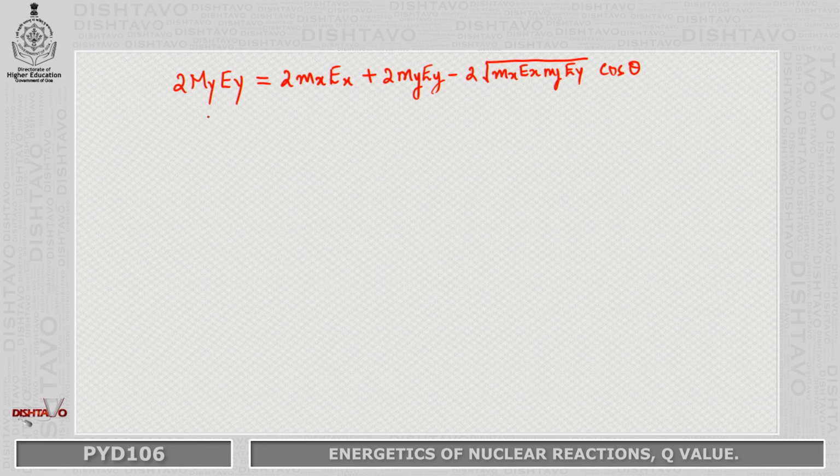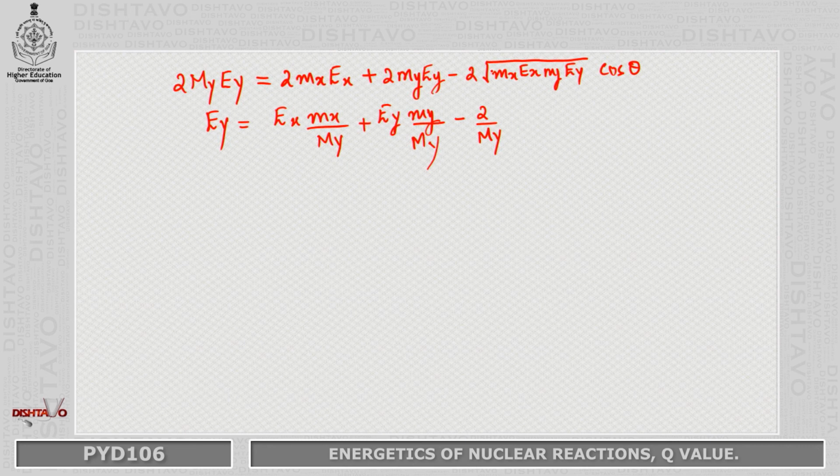Now from this, let us find what is Ey. So this Ey is going to be Ex into mx by My plus Ey into small y into My divided by Ey, sorry, this is My, this is capital, minus 2 divided by My.